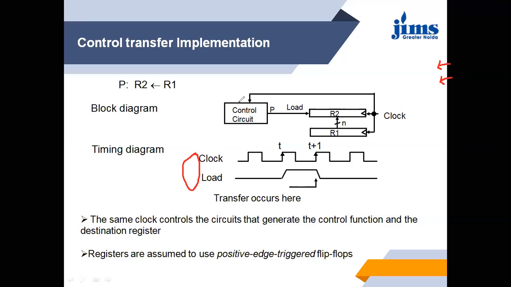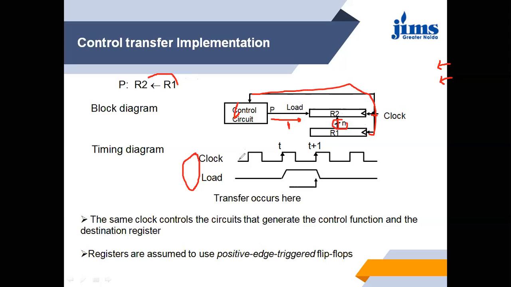So this is a control unit which will send a signal when the value of P is equal to 1, and then there is a clock pulse. It says that you have to perform the operation when I give you a signal. It gives a signal, and the data is going to be transferred from R1 to R2. Otherwise, no operation at all.